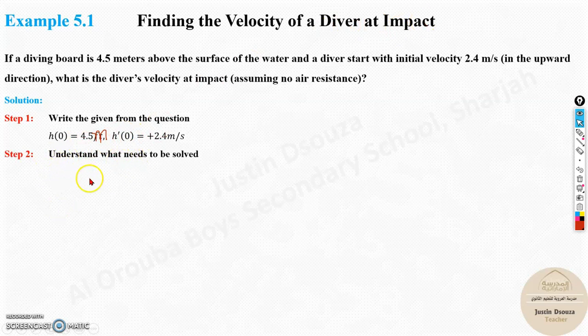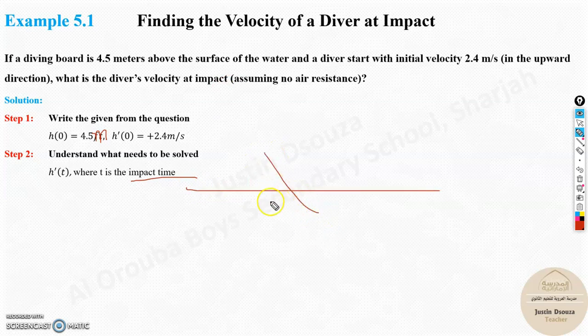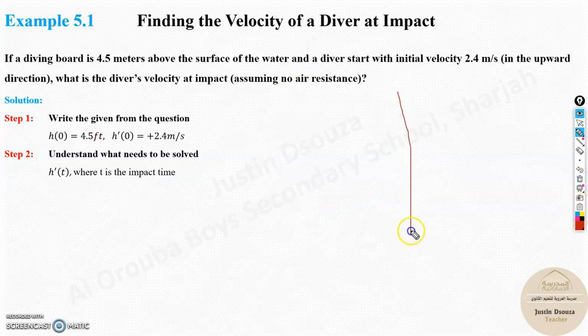Let's see step 2 before I go to impact. We need to find h dash of t, where t is the impact time. What exactly is impact time? Impact time means where it touches zero height. It's basically like the intercepts.